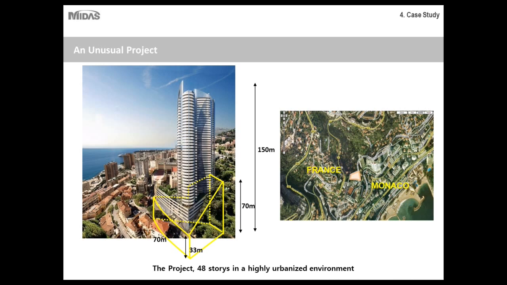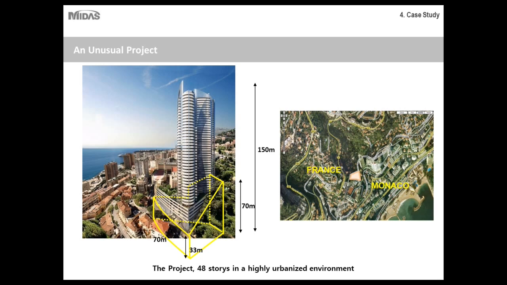Like I mentioned, it is 48 stories in a highly urbanized environment, and this building will be placed right in the center of this community, and it requires the clearing of about a dozen houses in the area, and then they have to cut through the rock slopes, which are considered to be stable enough, but still there is a huge excavation requirement for this particular structure.